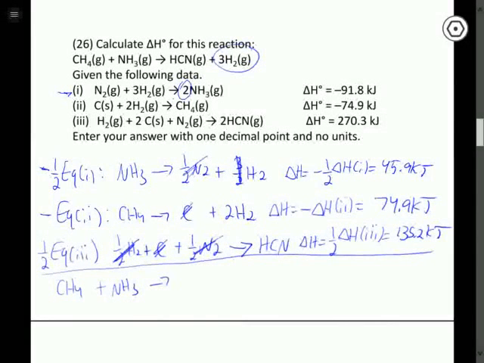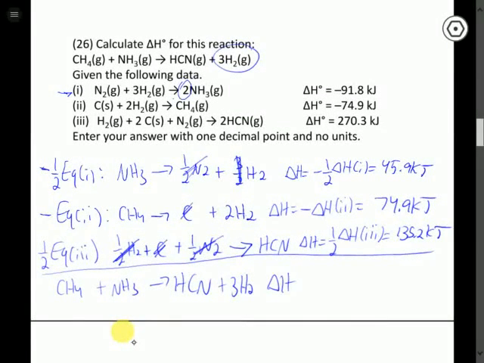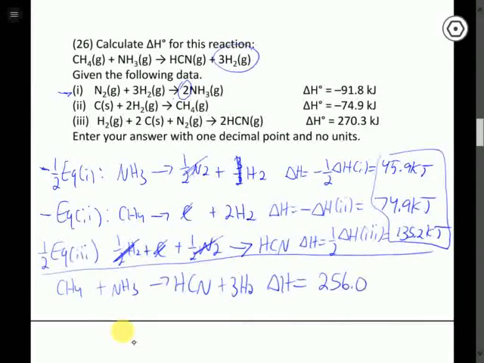So we're left with those two reactants, and then on the product side we just have HCN, and in that we have 2 H2s plus 1 H2 is 3 H2s. We can verify that the reactions add up properly, and then the delta H is just going to be the sum of these three values here, the modified delta H's that we got when we rearranged the reactions, and we get 256.0 kilojoules.